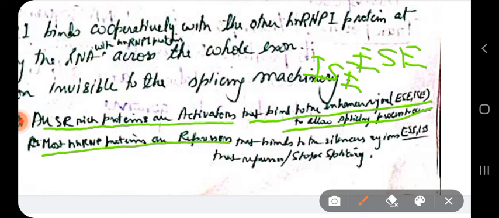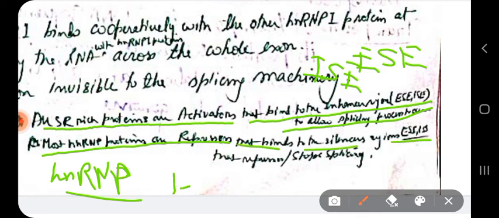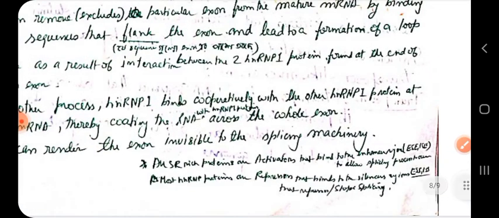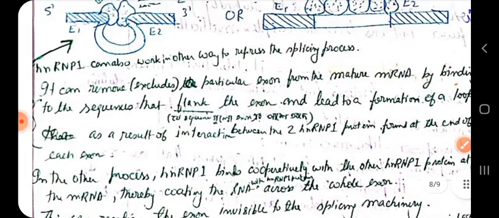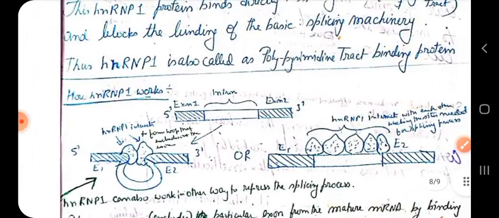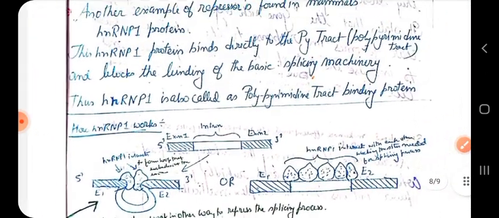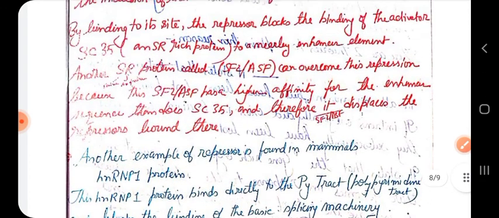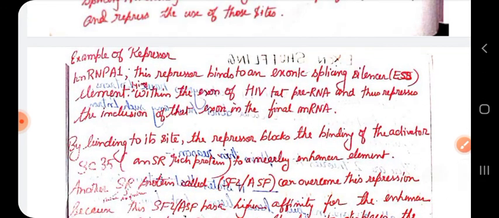HNRNP means heterogeneous nuclear ribonucleoproteins, which bind to the silencer regions like exonic splicing silencer and intronic splicing silencer, which will repress or stop the splicing process. Just like we have seen about the activators and repressors in previous classes. I hope you have understood how these proteins work together to regulate alternative splicing.